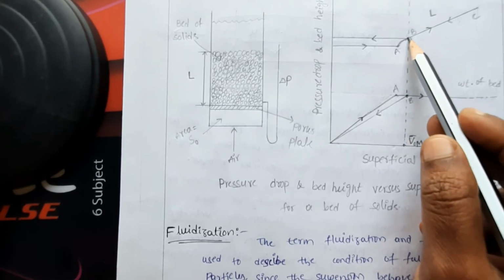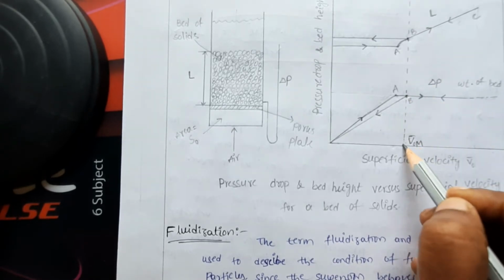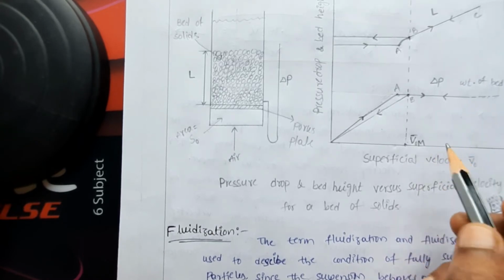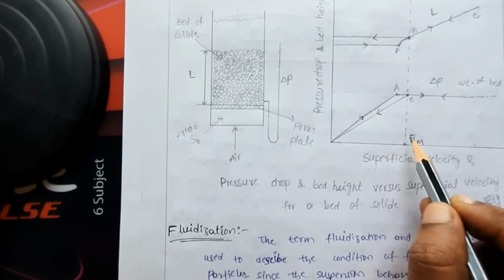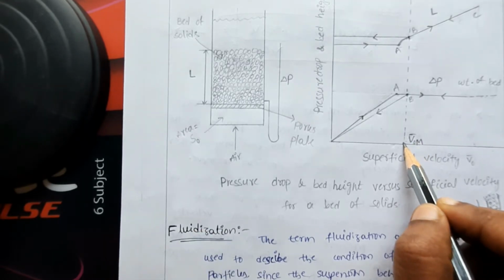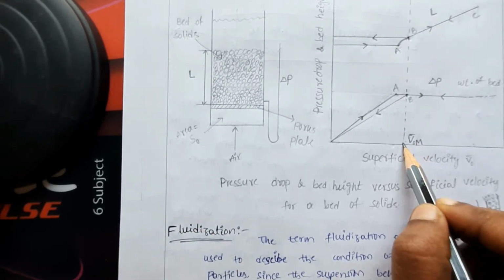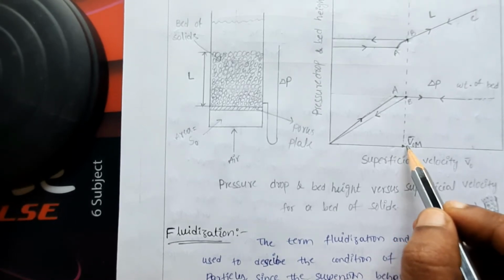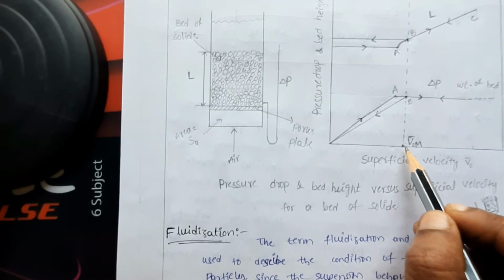Because of that, this is indicated as the minimum fluidization condition. Okay, the velocity that is required to start the fluidization is called the minimum fluidization velocity, or that condition is called the minimum fluidization condition, or incipient fluidization condition or incipient fluidization velocity.